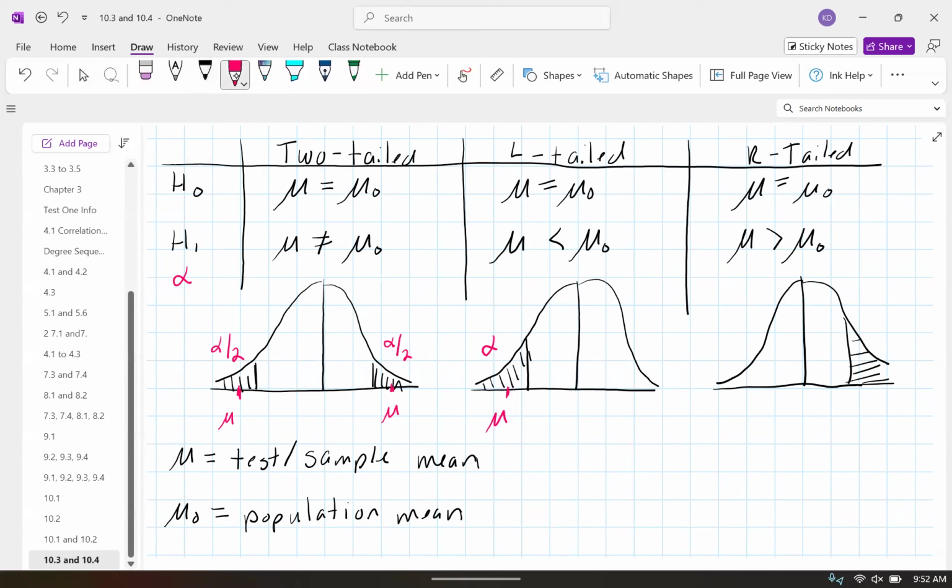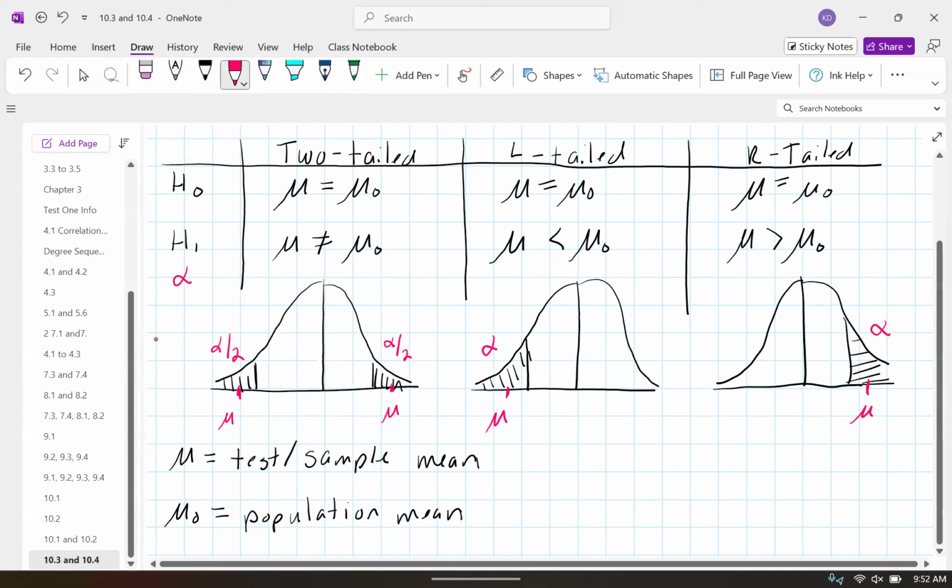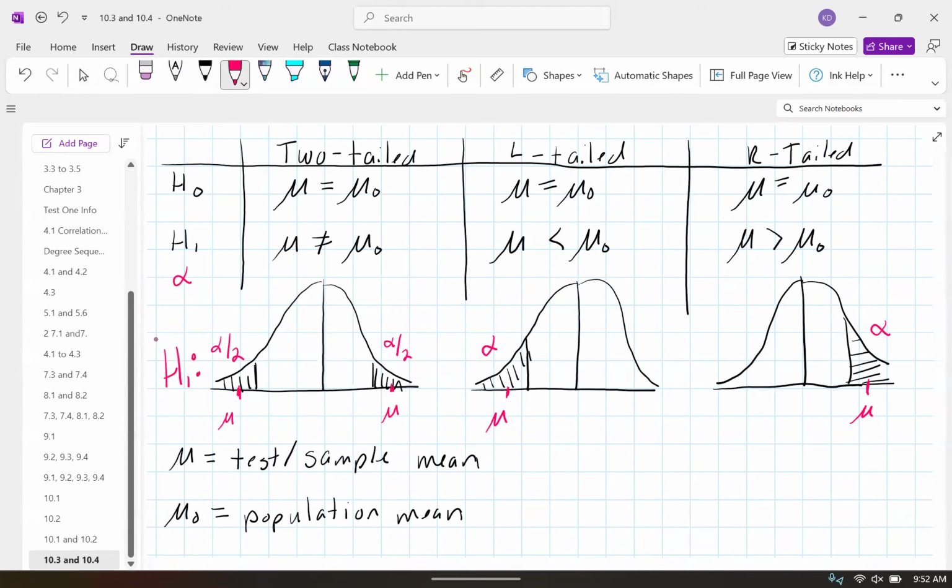Here is my full alpha, and we want our test. So this is all H1 for each of these cases. So if we're in those tails, those shaded regions, we would say there's a significant difference.